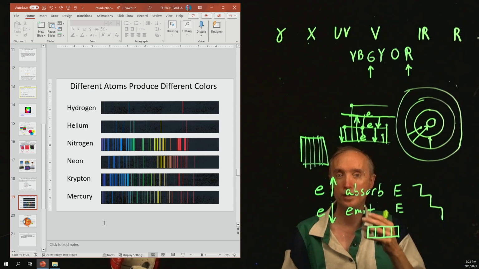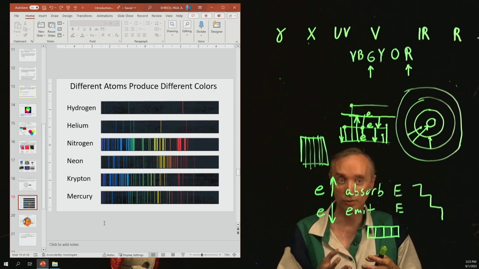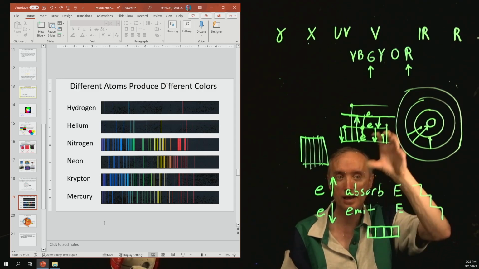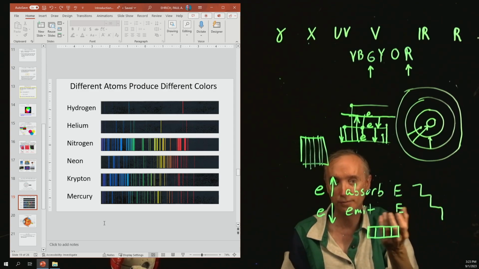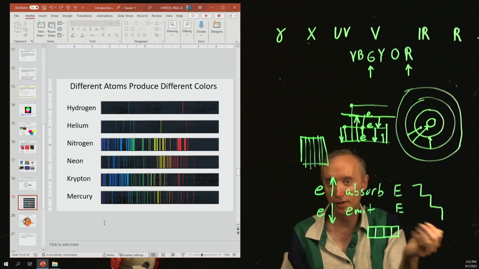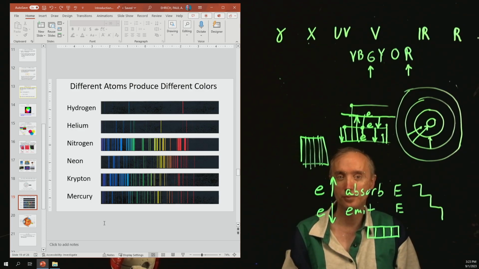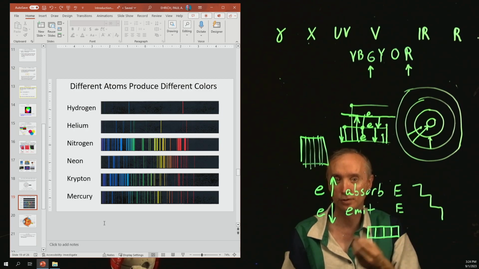And so we can use this: if we've got some kind of a chemical and we want to know what's in it, we can heat that chemical up to the point at which the atoms are jumping up and down. We look at the colors of light emitted by that. We run it through a computer, and the computer can tell us what atoms that chemical is composed of. So pretty impressive.